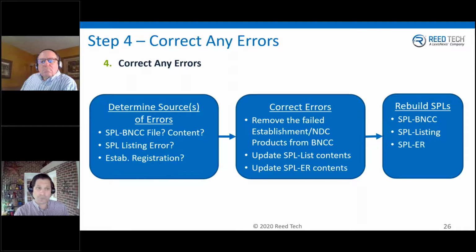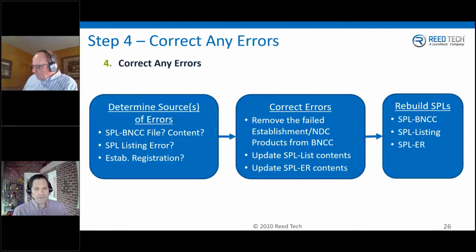In that scenario, we can remove those listings from this blanket no change file and resubmit the blanket no change file to certify the other products that didn't have errors. And then that passes. But then you have to go through the process of now updating those specific drug listings that had the errors and identifying what those are. And then rebuilding the blanket no change, as I'd mentioned, once you've adjusted or corrected any of the errors.